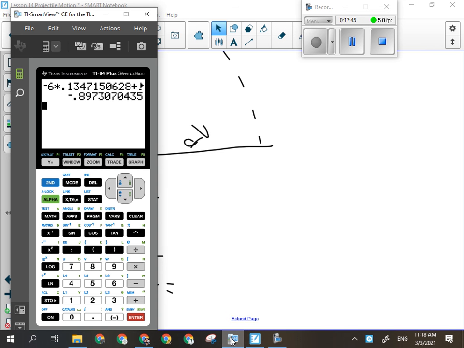So, square root of 90 divided by 4.905. I don't know what's going on here with the calculator. Okay. So it's falling for 4.3 seconds.